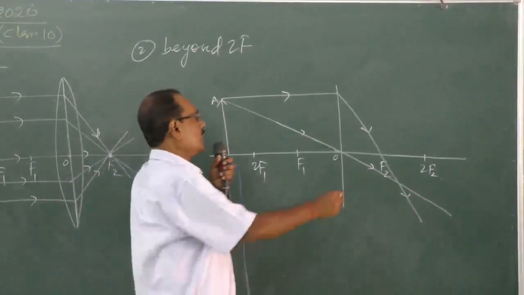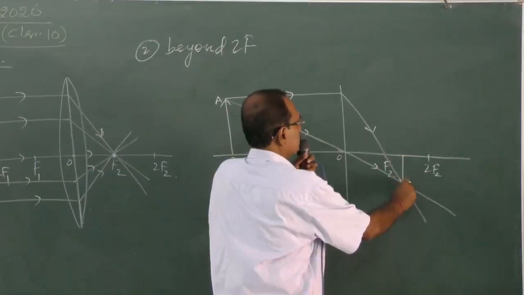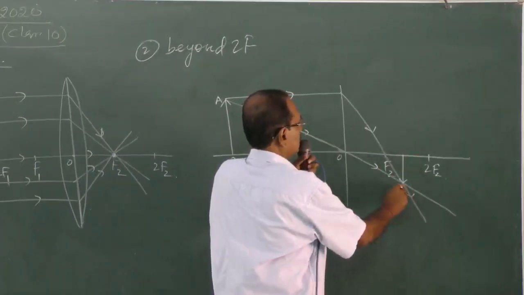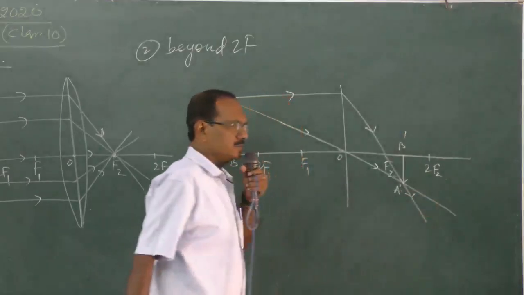Where these two rays meet, the image will form. Again arrowhead: A dash, B dash.